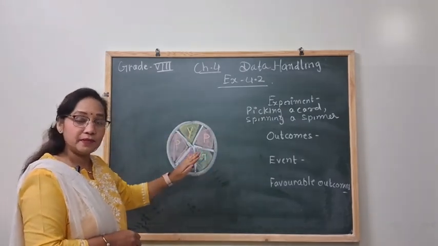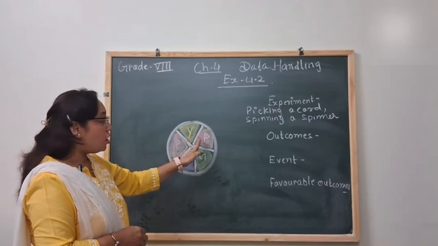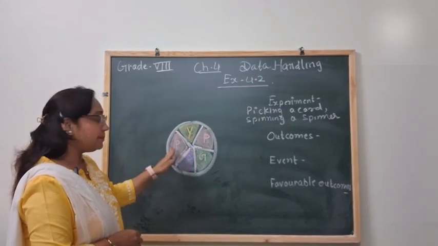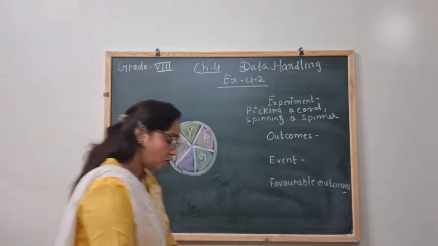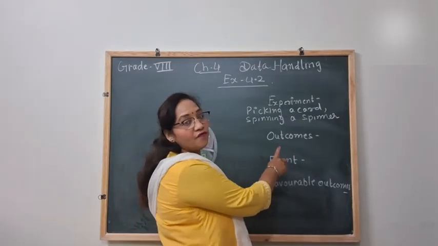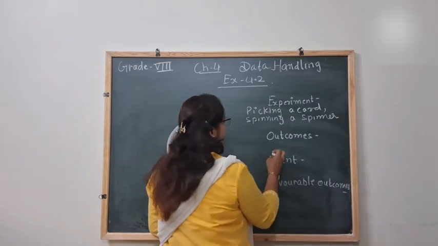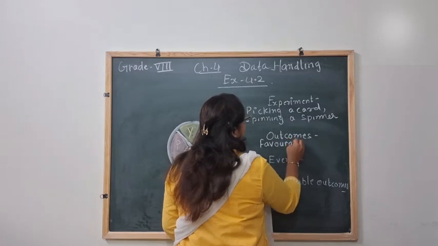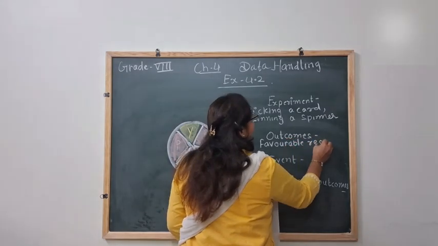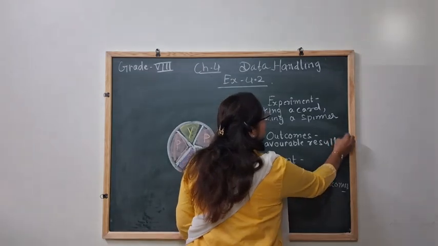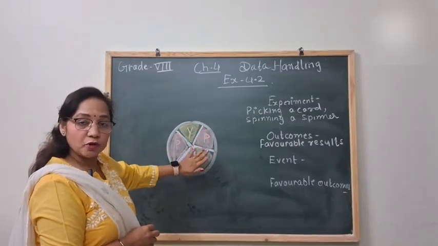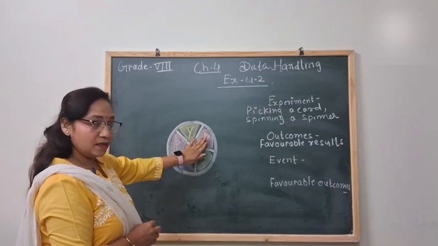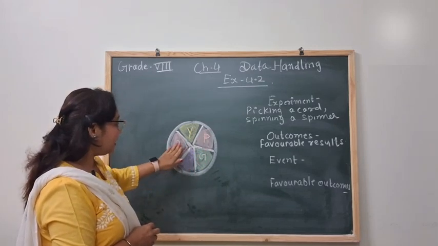If you spin the spinner, you may get yellow or pink or green or purple or pink. So the possible outcomes are pink, green, purple, pink, yellow.